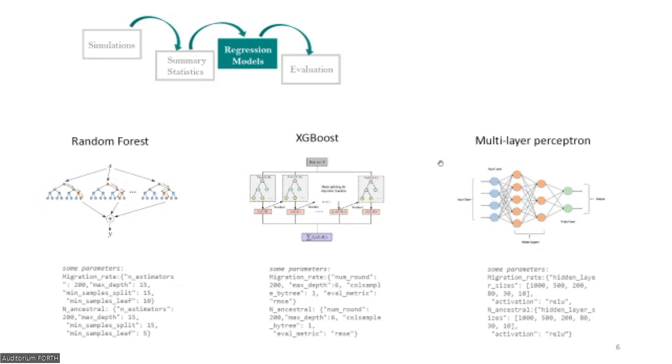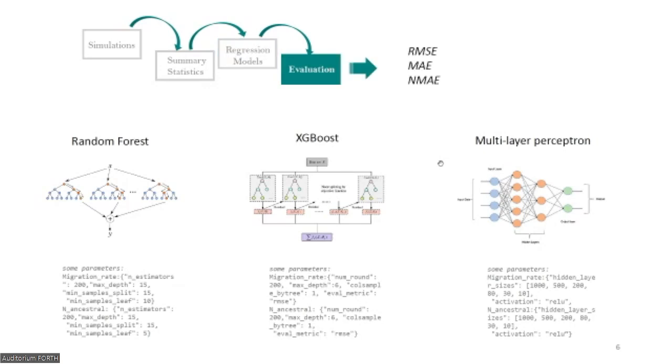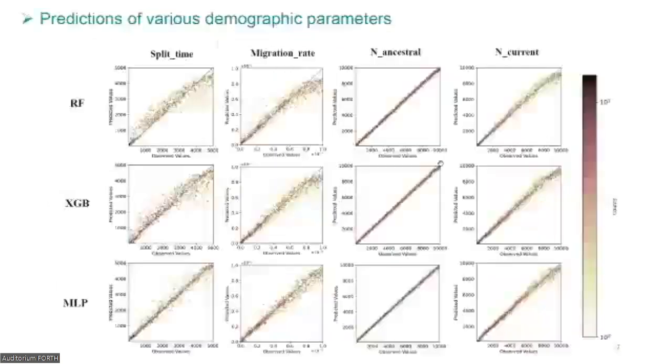And so we trained these regression methods on our training set of summary statistics. And then we evaluated how these regression methods performed to predict the demographic parameters thanks to metrics comparing the observed values and the predicted values that I will show directly here.